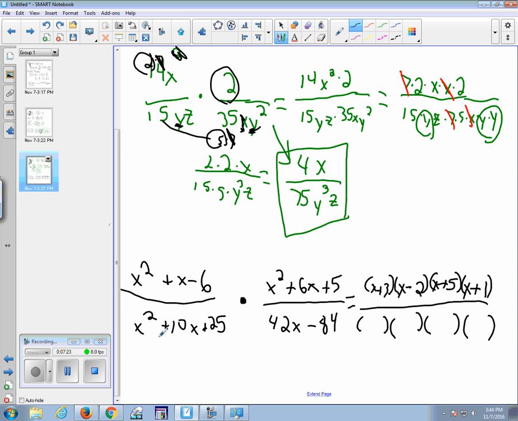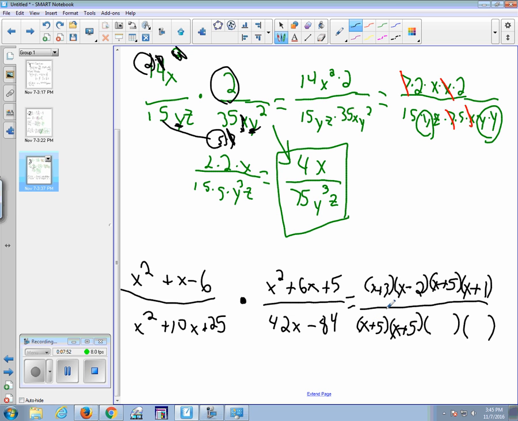Numerator, x squared, 25, I'm thinking perfect square trinomial. Let's see, if it's x squared, it's going to be x and x. 25 might be 1 and 25, but that won't give me 10, right? It's probably going to be 5 and 5. 5 squared is 25. If I double 5, 5x and 5x, there's my 10x. Positive, so it's positive.